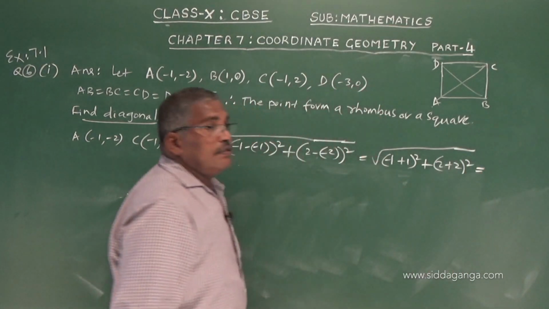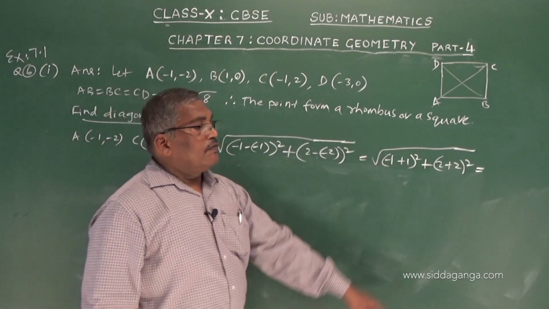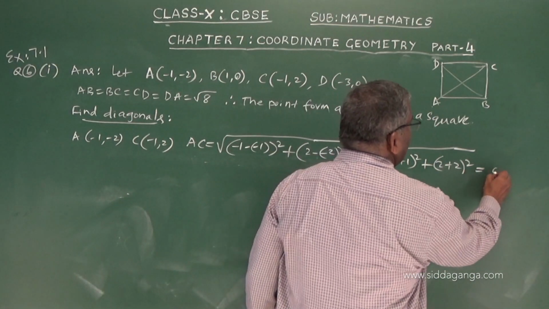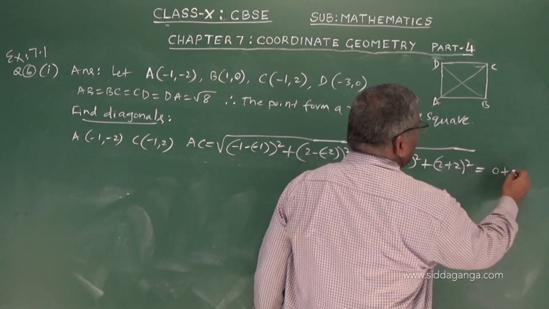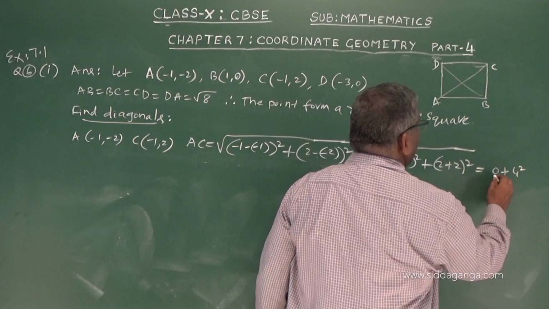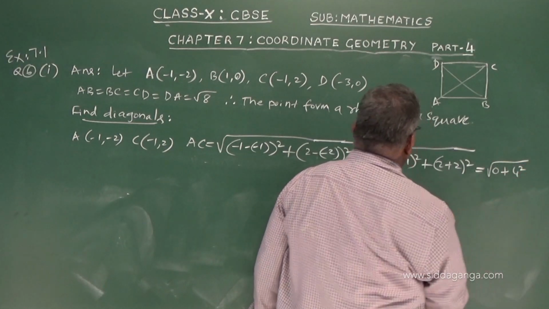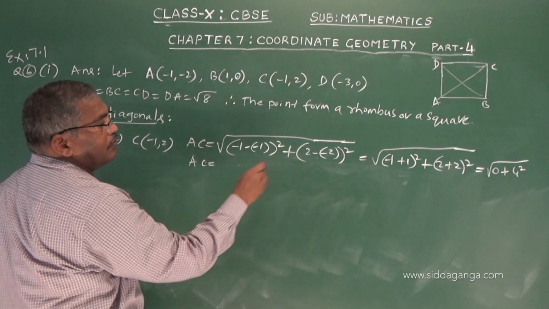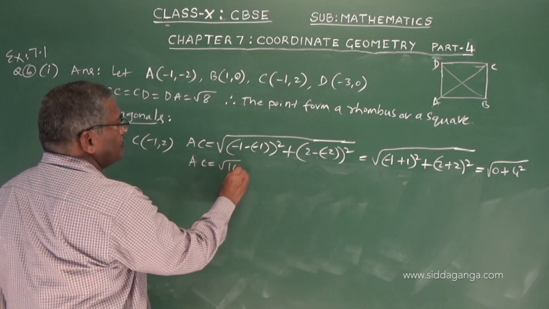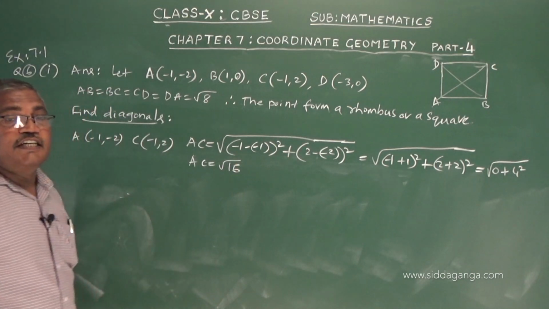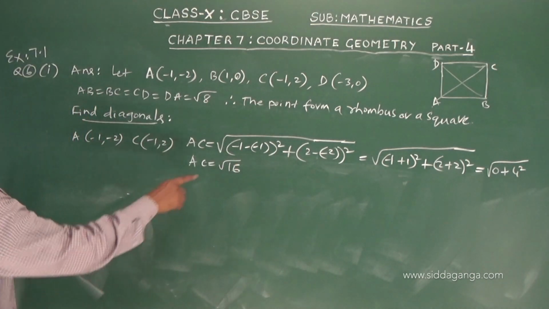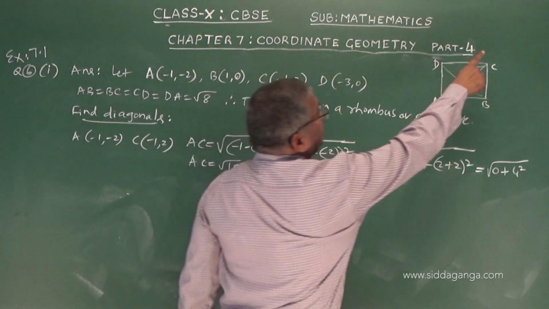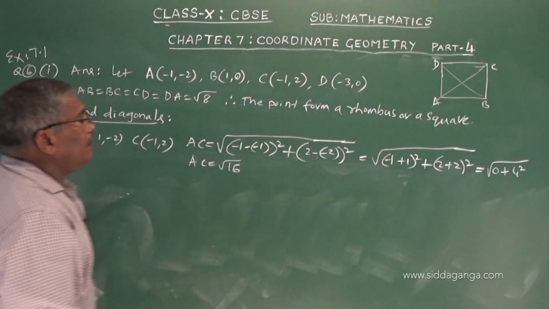This equals 0 plus 4 square under the root. So AC will be equal to root 16.